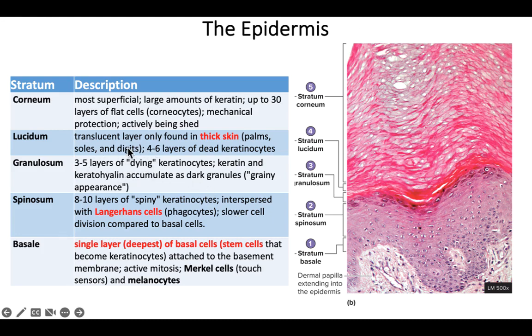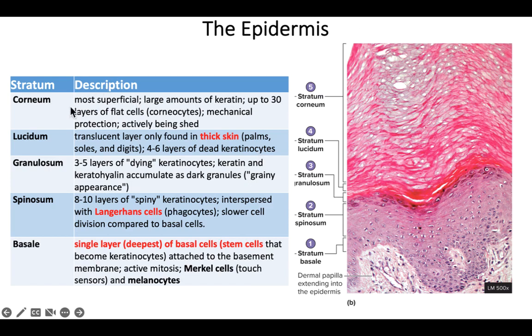Granulosum, again the dying layer, but by this point they're really loading up with keratin and other protective molecules. Lucidum, translucent layer, only in thick skin, completely dead keratinocytes.